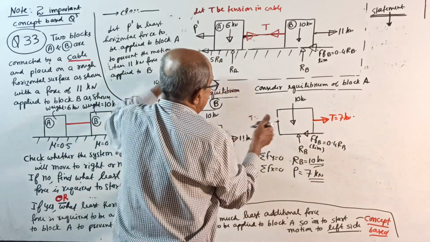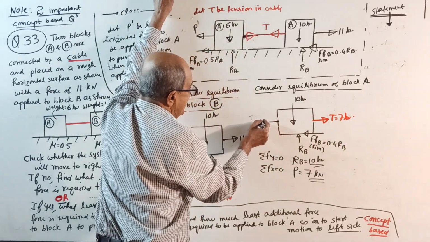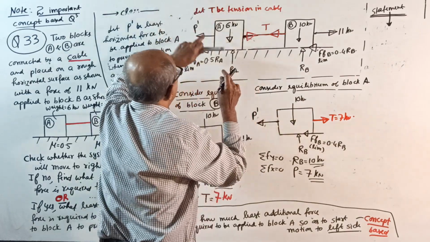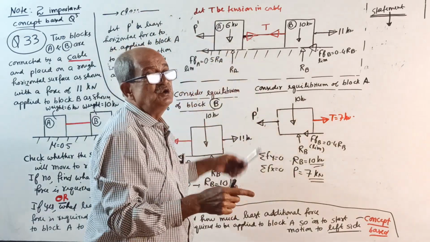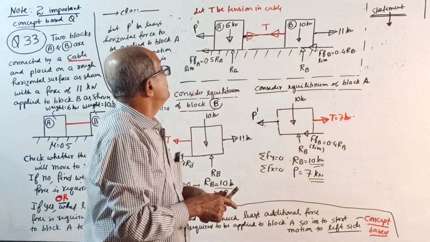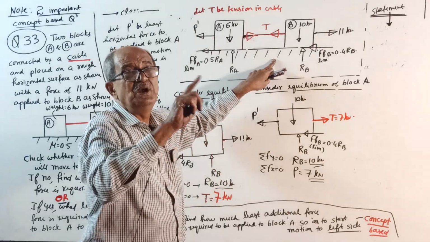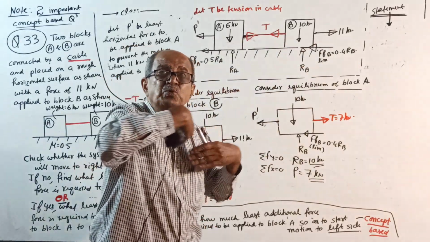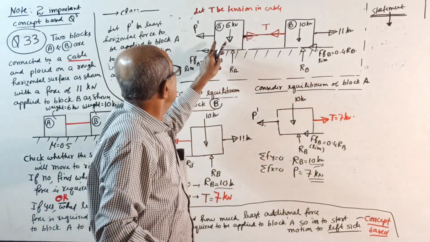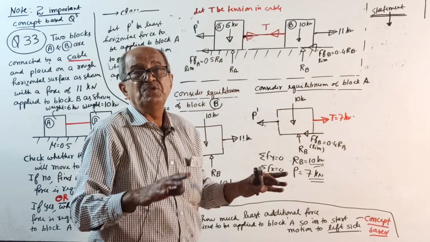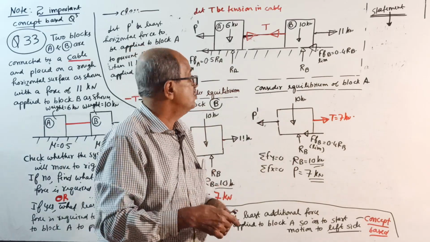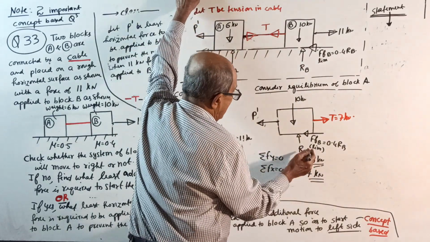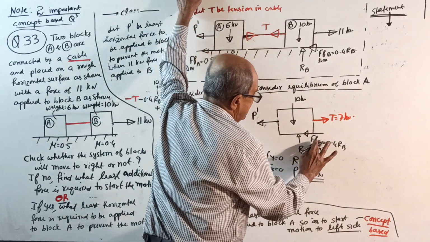Then a force this side of P dash, and the purpose of P dash is to prevent the motion, meaning the block is on the verge of moving to the right side. When 11 is there, it will move to the right side. So you apply a force so that it is on the verge of moving, still not moved. Okay, P dash, then RA, and this is FF for A.